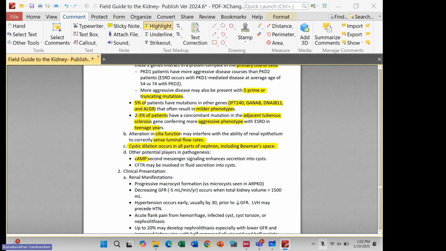Okay. There's also some biology that centers about the chloride channel that is coded by the CFTR gene, the same gene that mediates cystic fibrosis.